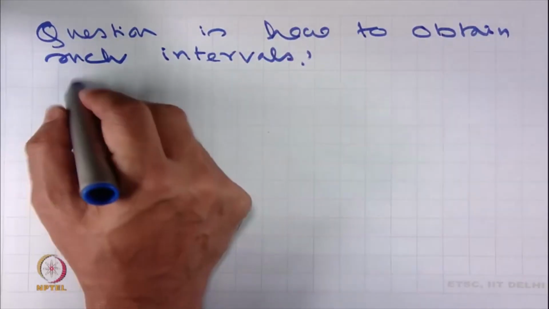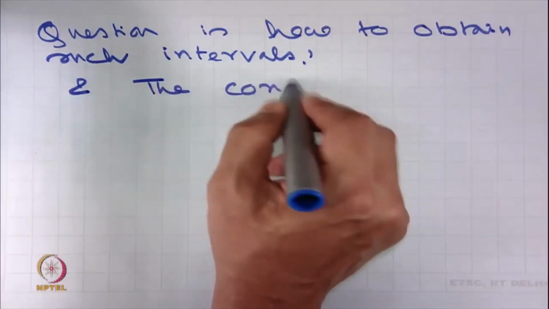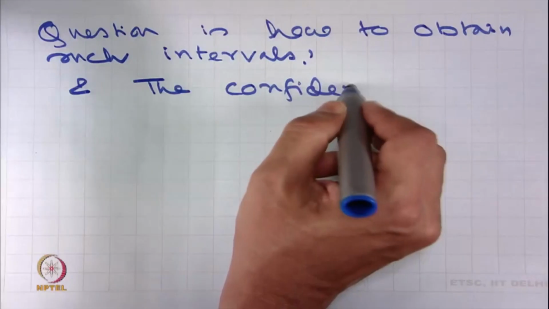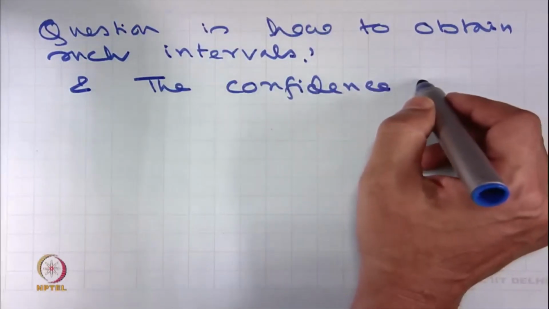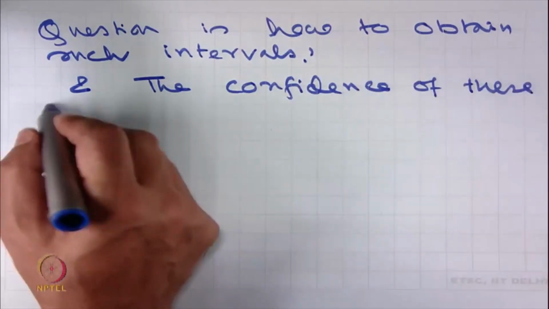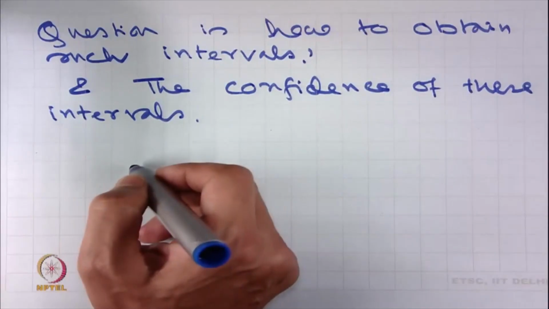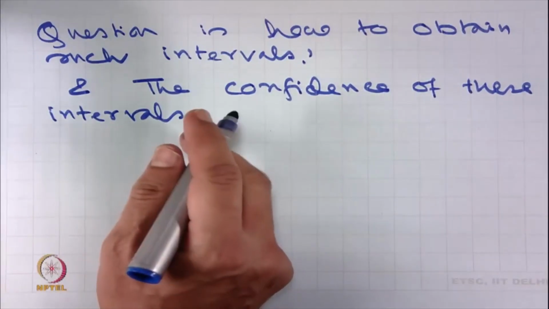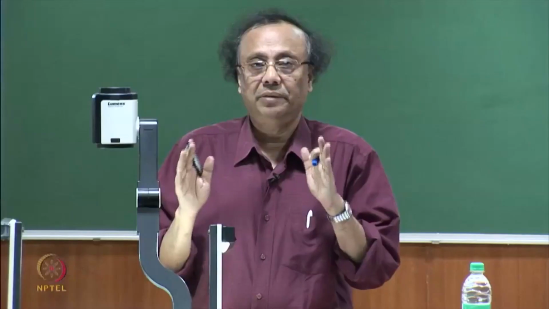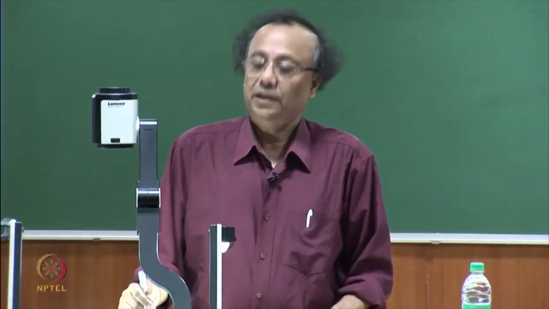And the confidence of these intervals. By confidence we mean the probability that the parameter will remain within that interval T 1 and T 2.